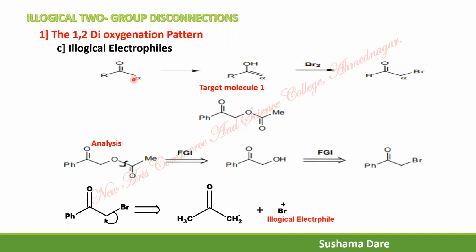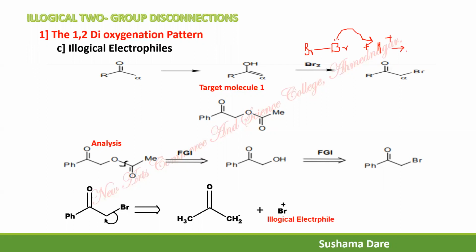Now this is an alpha carbon undergoing enol formation in presence of H plus. So in presence of H plus, there is a formation of enol and then the bromination reaction. What happens in the bromination reaction in this case? The Br2 reacts with H plus, so the first reaction takes place between these two.